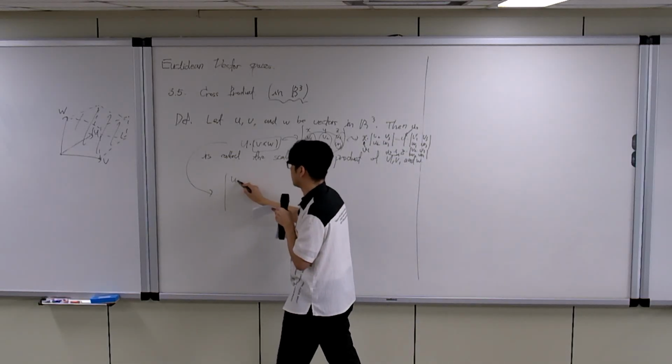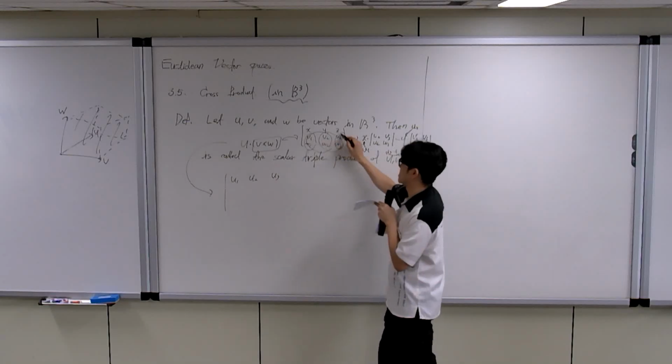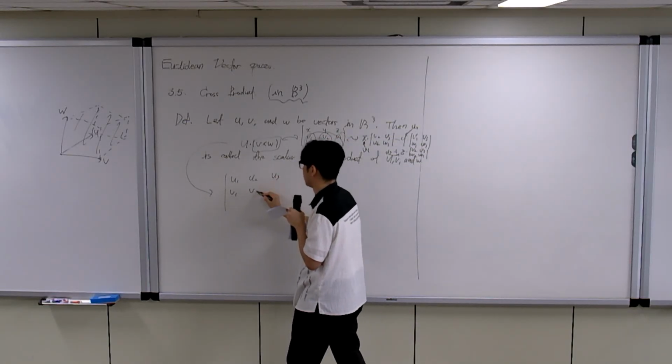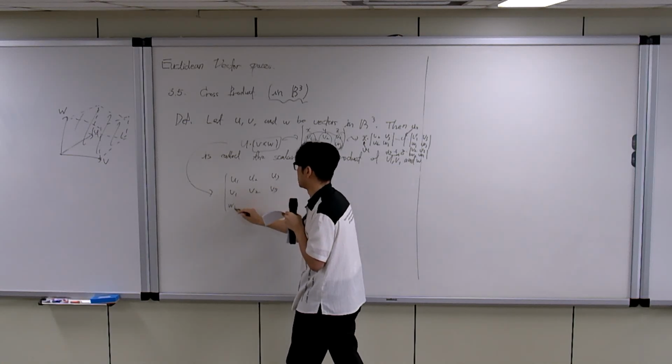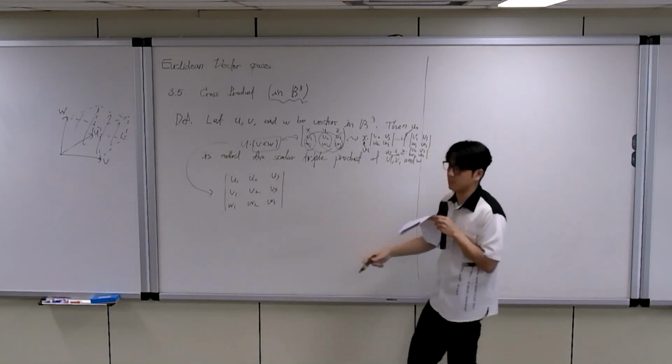It can be written by inputting x, y, z as u1, u2, u3, v1, v2, v3, w1, w2, w3. That is the same as this determinant.